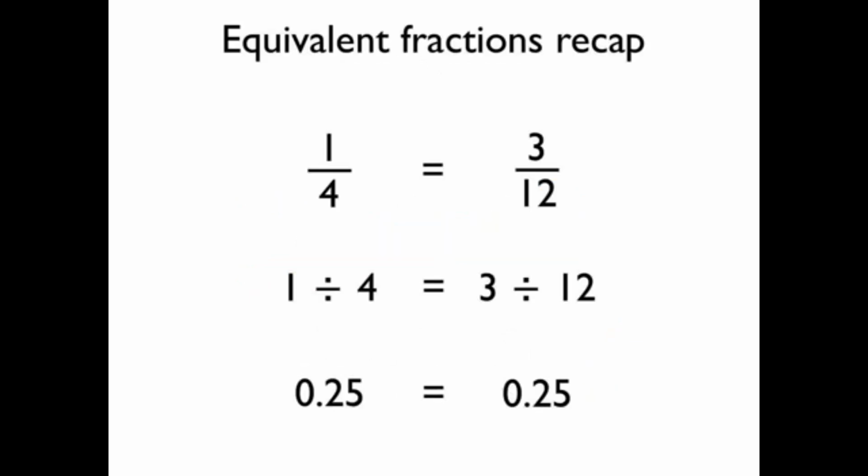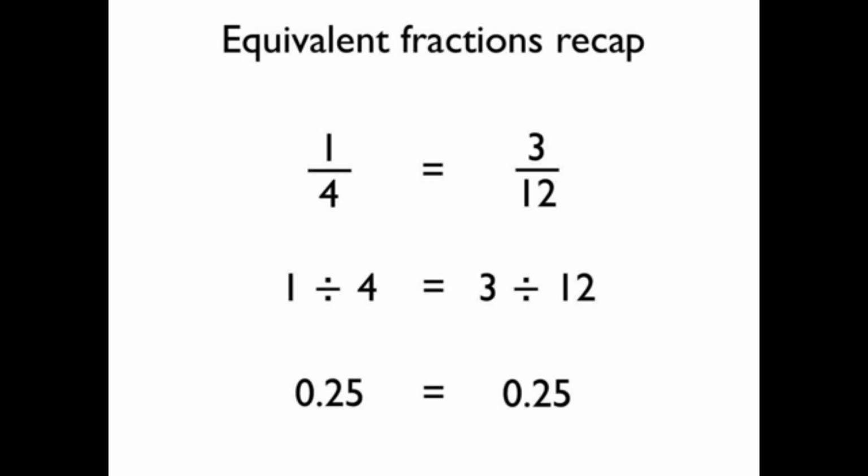Just a quick recap about equivalent fractions. Here I've written that 1 quarter is equal to 3/12. They're equivalent fractions. That means they're exactly the same size. They're describing the same number, the same proportion.